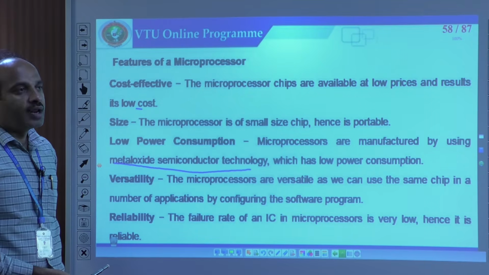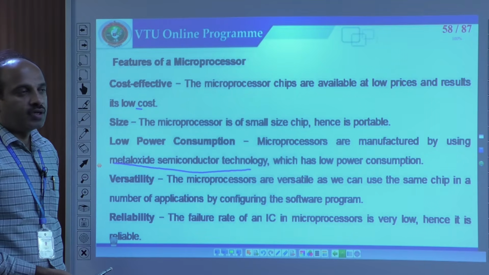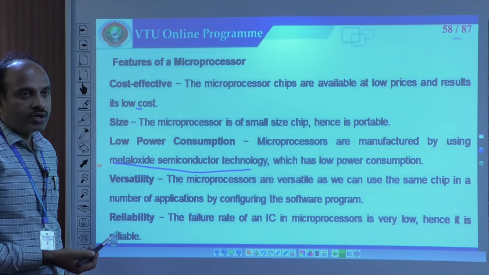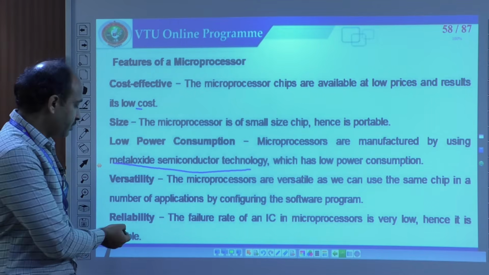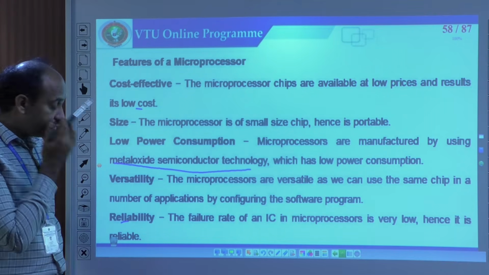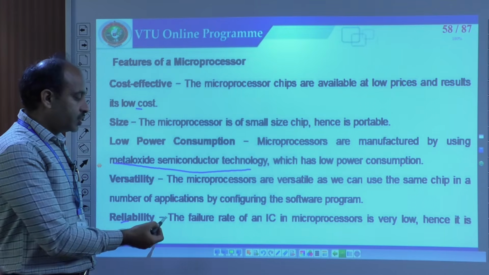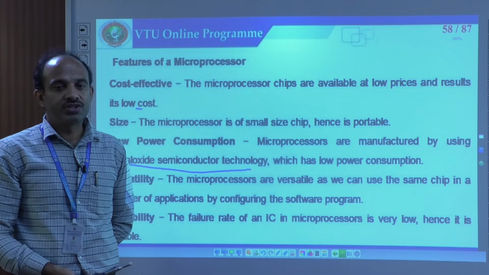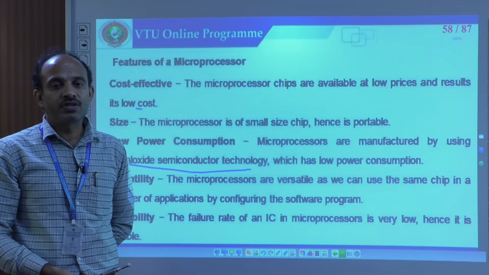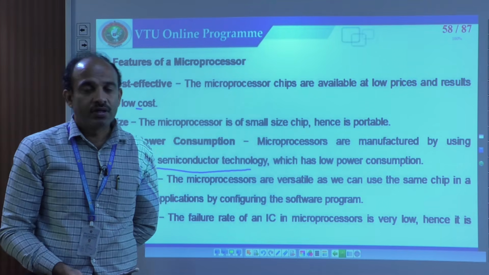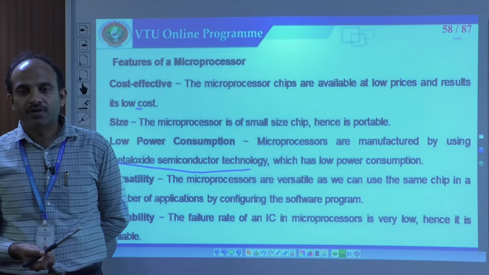And reliability, that is very important, right? Whatever we perform, it is very important to ask: is it reliable or not? The failure rate of an IC in a microprocessor is very low, hence it is reliable. That we already discussed in one of the previous sessions.